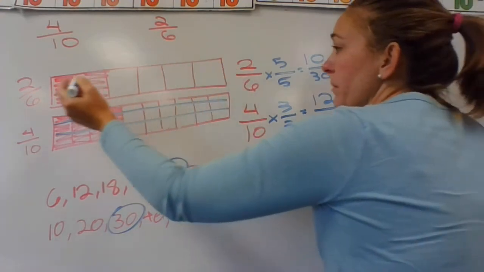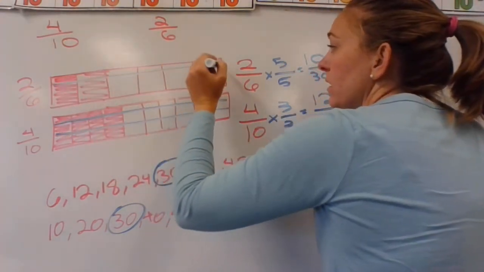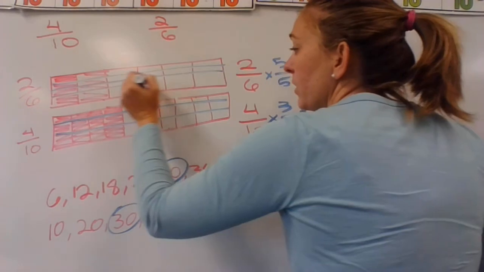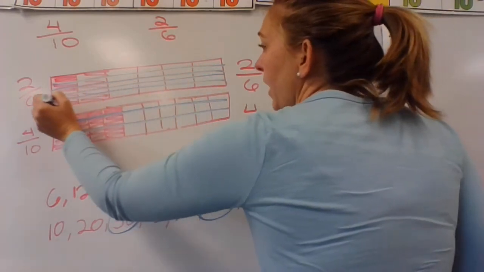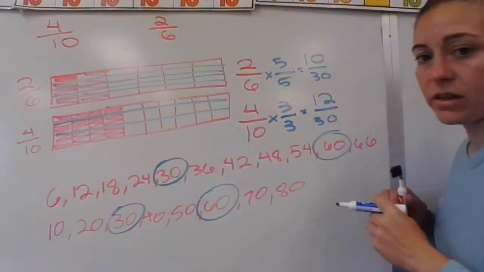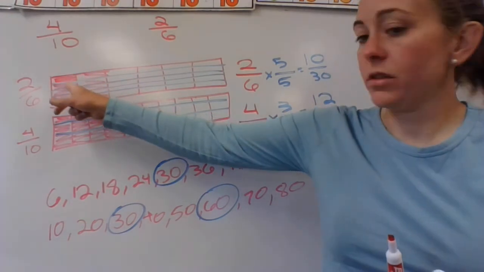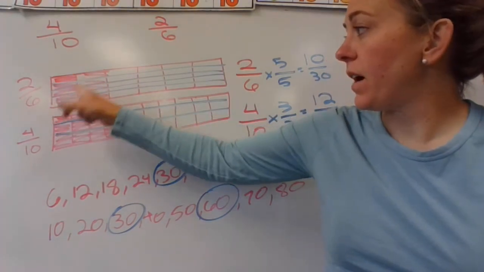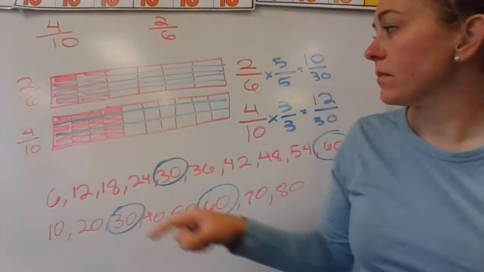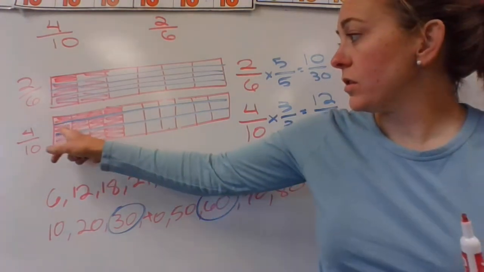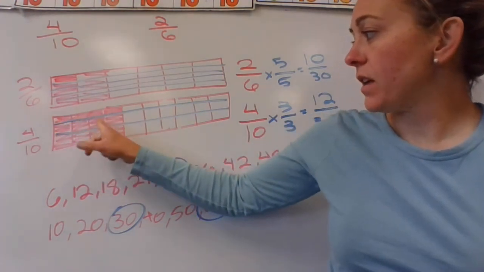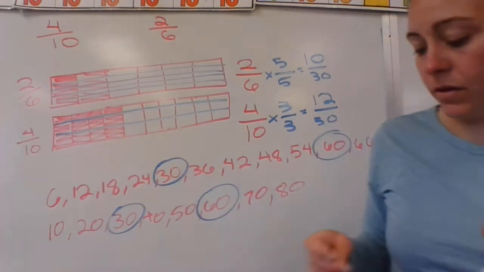And I broke this up into fifths. 1, 2, 3, 4, 5. 5 by 6 is 30. So I have 1, 2, 3, 4, 5, 6, 7, 8, 9, 10. And then 1, 2, 3, 4, 5, 6, 7, 8, 9, 10, 11, 12.